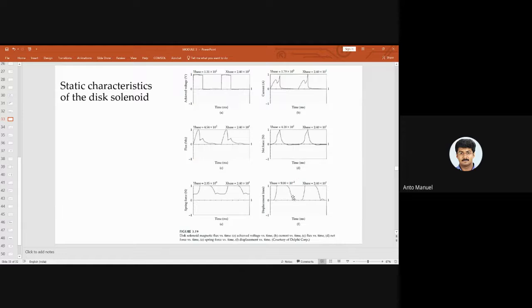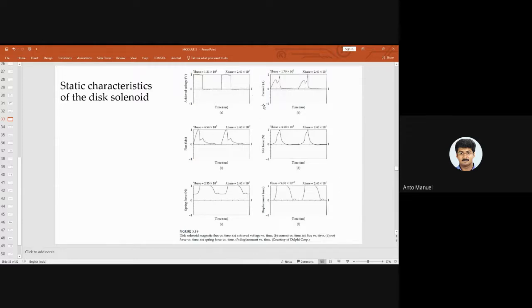When we apply that voltage, your solenoid will not give you a rapid response up to a certain time, maybe in the case of microseconds. After that, your system moves to the movable position, and comes back to the original position when we remove the applied voltage, when it is at the neutral position.